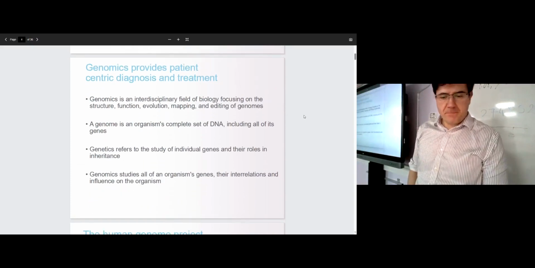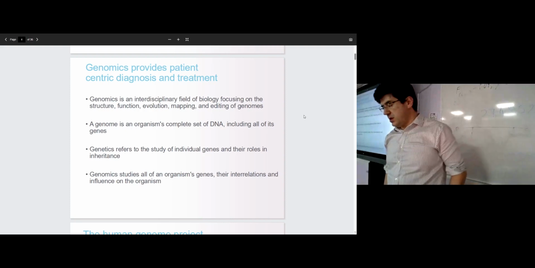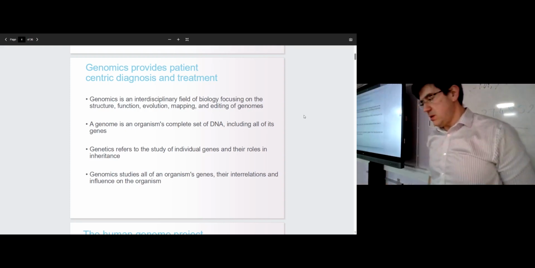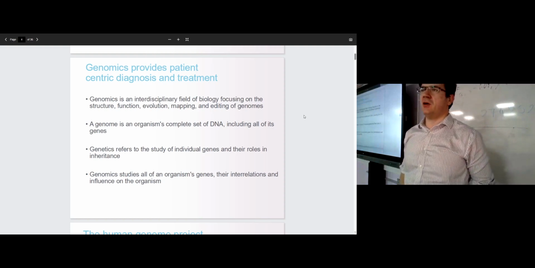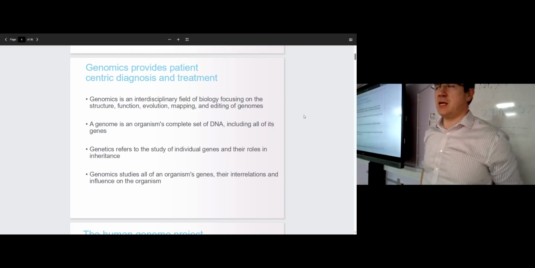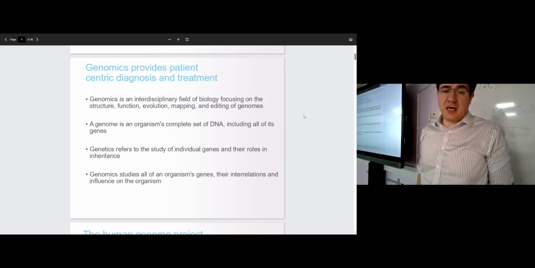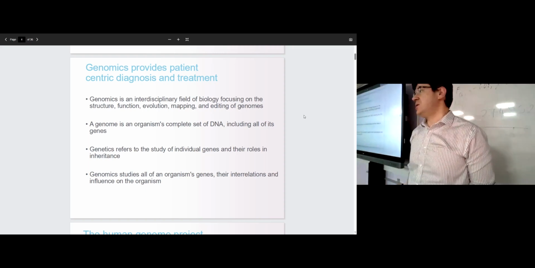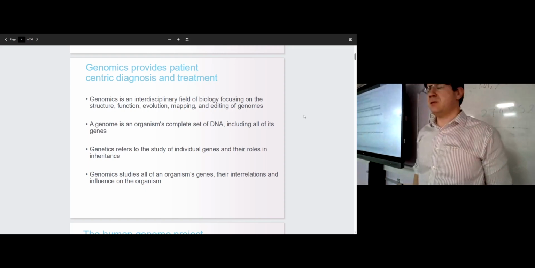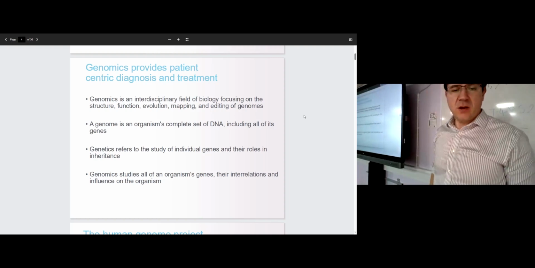So what is genomics? Genomics is for the genome what genes are for genetics. Before the Human Genome Project, that is the map of the whole length of the genetics for each species, in this case the human species, we only had genes. Genetics dealt with genes in isolation.